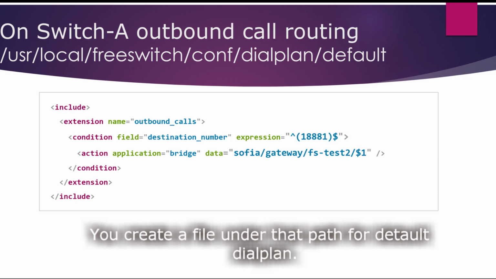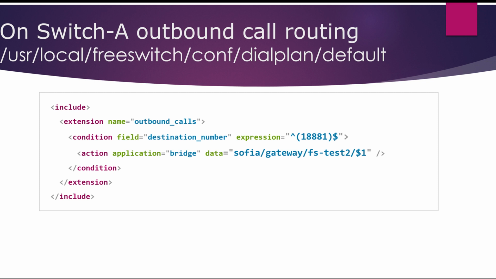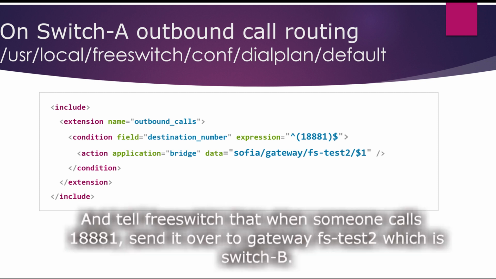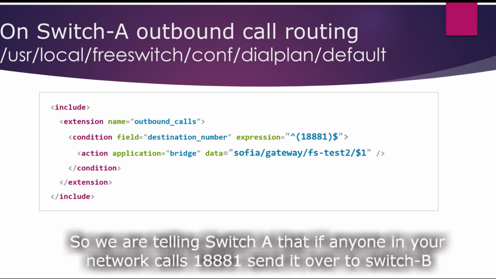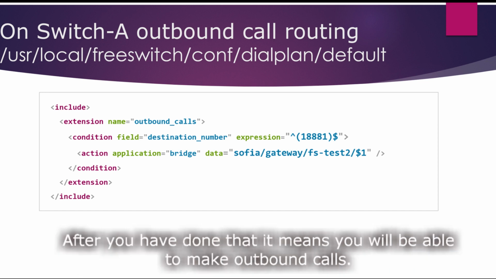So you create a file under that path, under default dial plan, and then you tell FreeSWITCH that if anybody calls a number 18881, I want you to bridge that call over the gateway FS-test2, in this case, which is our switch B. So we are telling switch A that if anybody in your network calls 18881, send it over to switch B. And after you've done that, that means you're going to be able to make outbound calls.